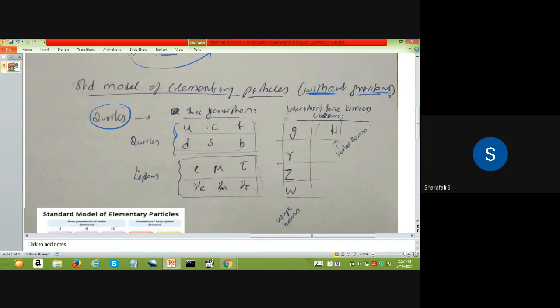In quarks, we have up quark, down quark, and then we discussed strange quark. With this, we have the charm quark, top and bottom. These we are not going to discuss in this particular lecture. So there are three other quarks: charm, top, and bottom. C is for charm, T for top, B for bottom.